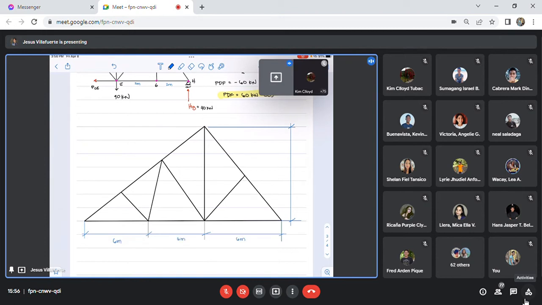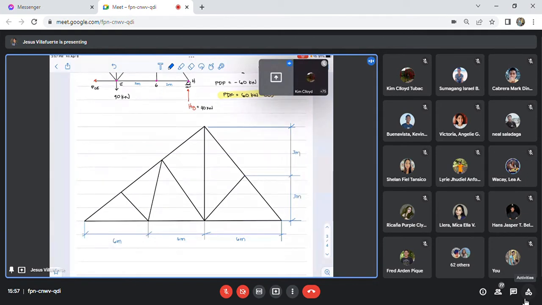And then this is also 6. This is 3 meters.